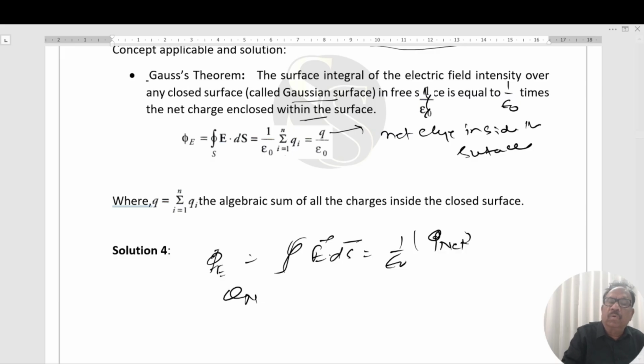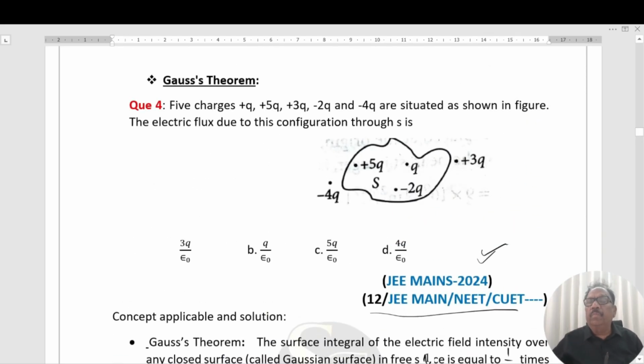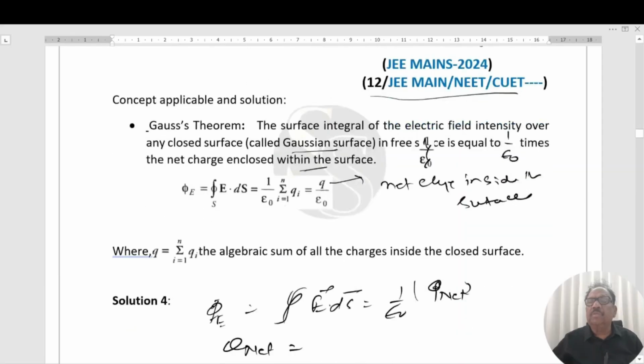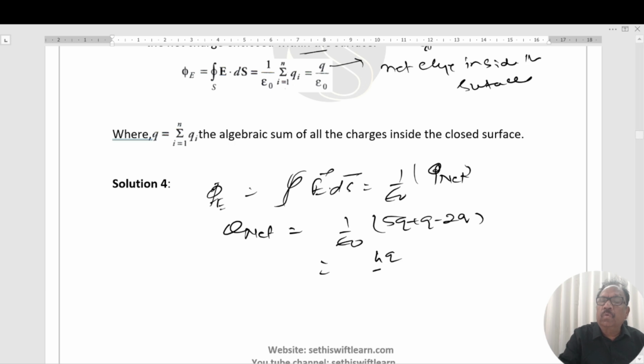Q net inside is 5Q plus Q minus 2Q, so the flux is 1 over epsilon naught times 4Q. That is 4Q upon epsilon naught. This is the answer.